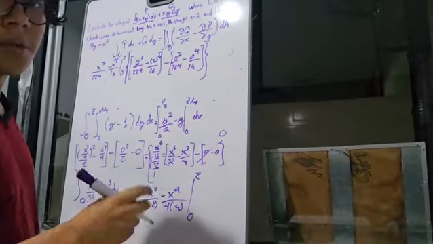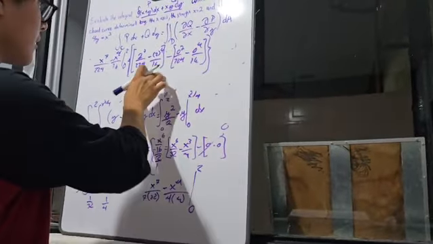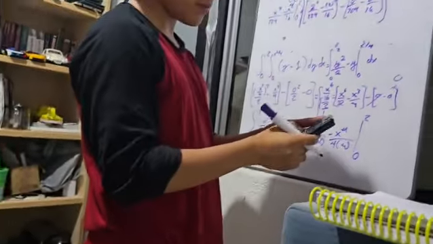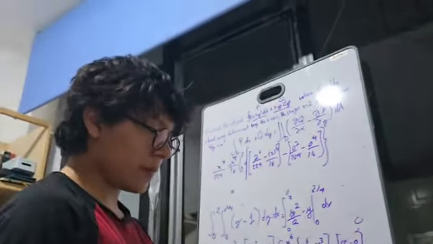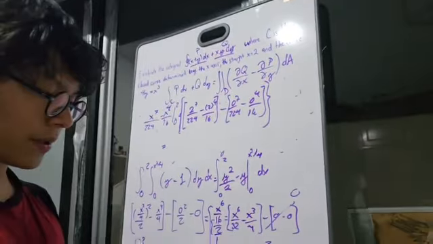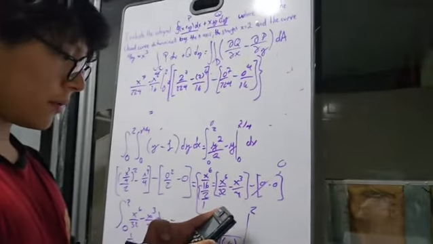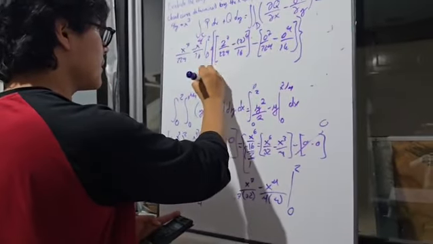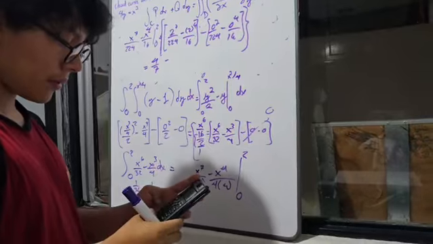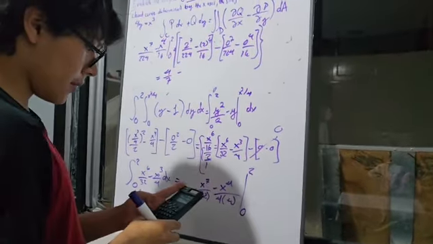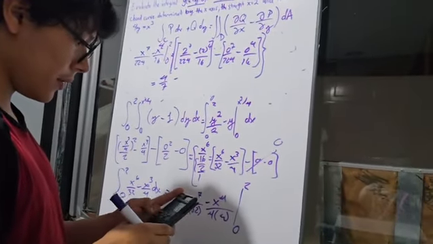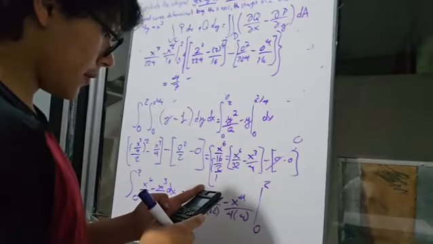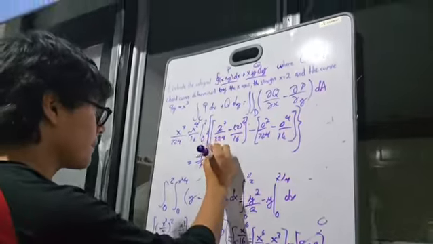So now we're closer to our result. I'm going to do this with a calculator. 2 to the 7th over 224 will give us 4 sevenths, minus, well, this is 2 to the 4th over 16, which is going to be 1.